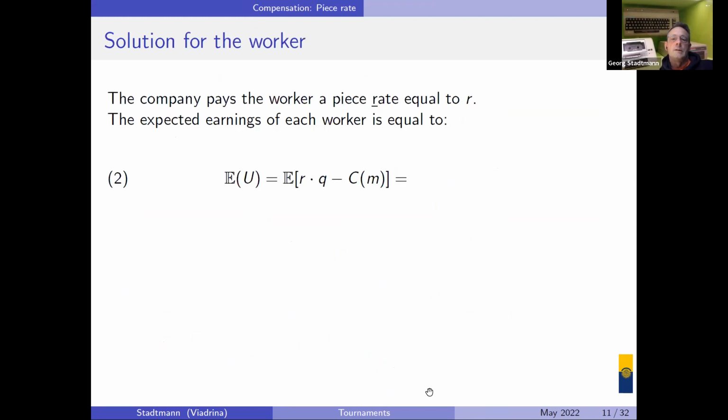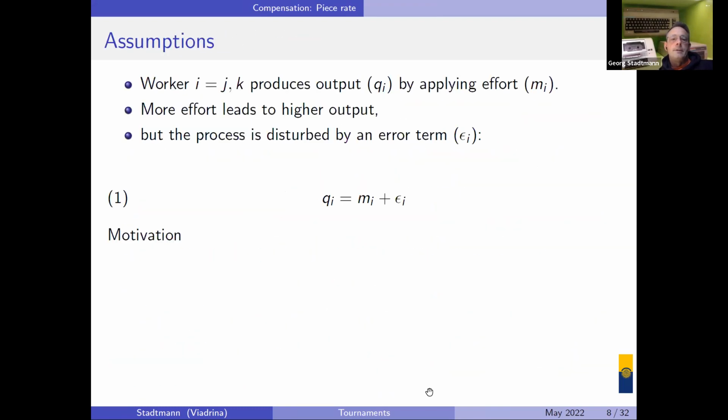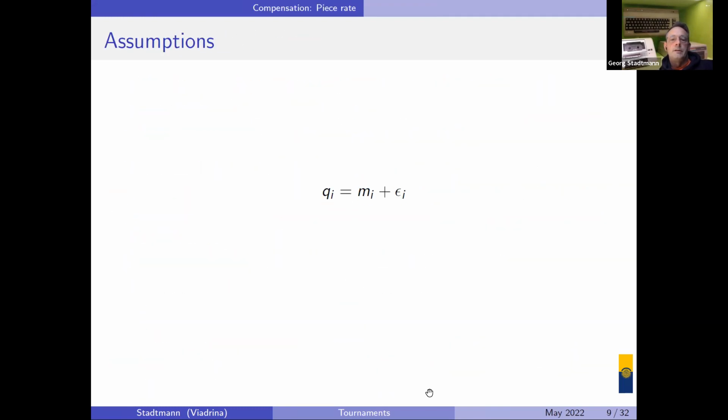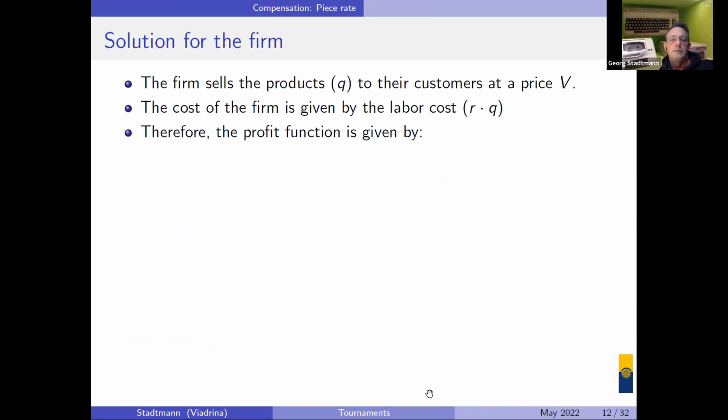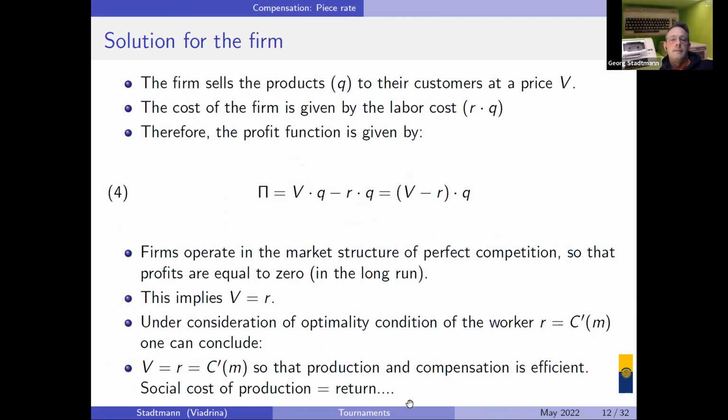Let's check. Here, slide number 12, V is equal to del C del M. When we talked about the piece rate compensation, there we also get to know this relationship.